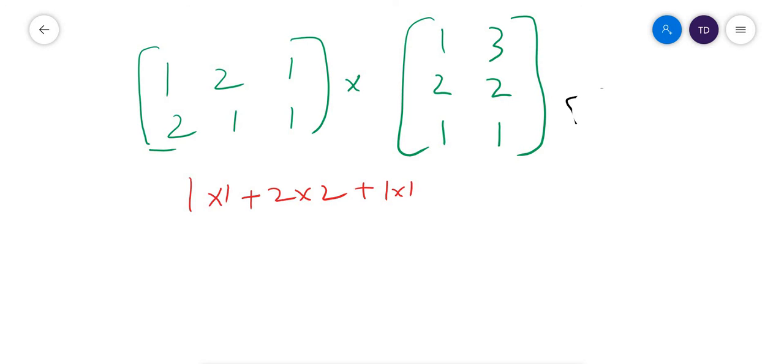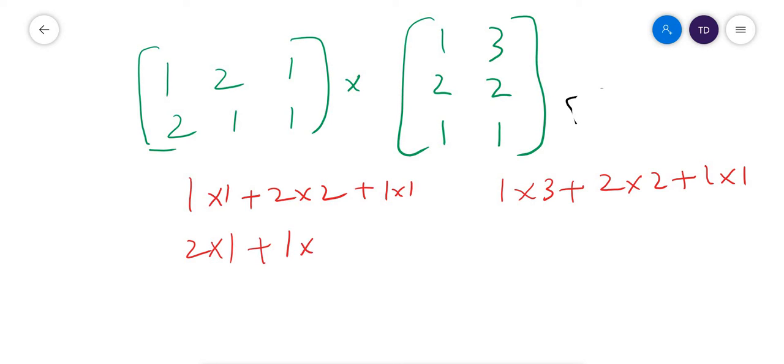Then the next one, first row, second column: 1 into 3 plus 2 into 2 plus 1 into 1. Again, second row, first column: 2 into 1 plus 1 into 2 plus 1 into 1. Here you have second row, second column: 2 into 3 plus 1 into 2 plus 1 into 1.